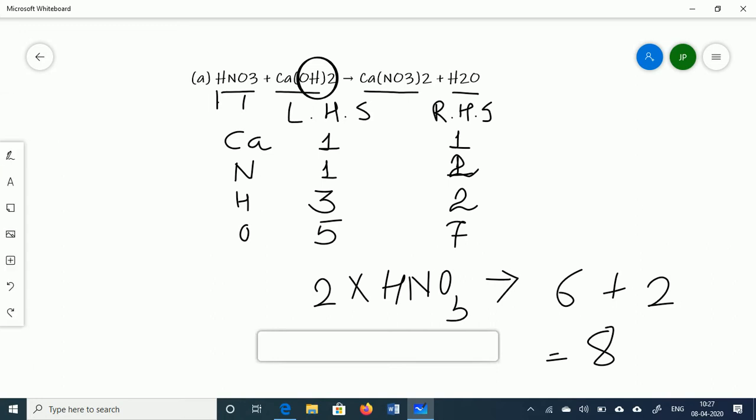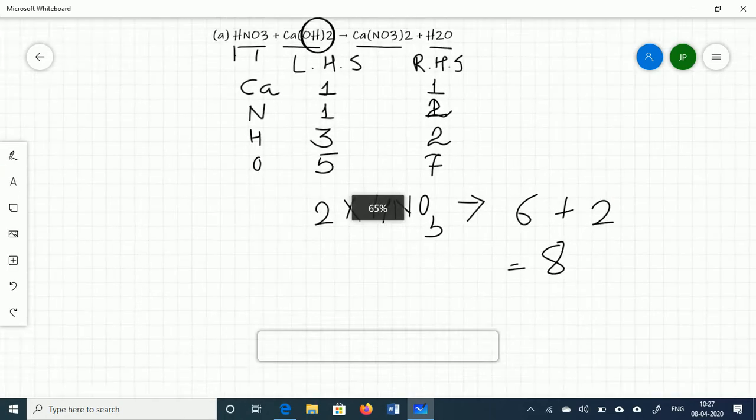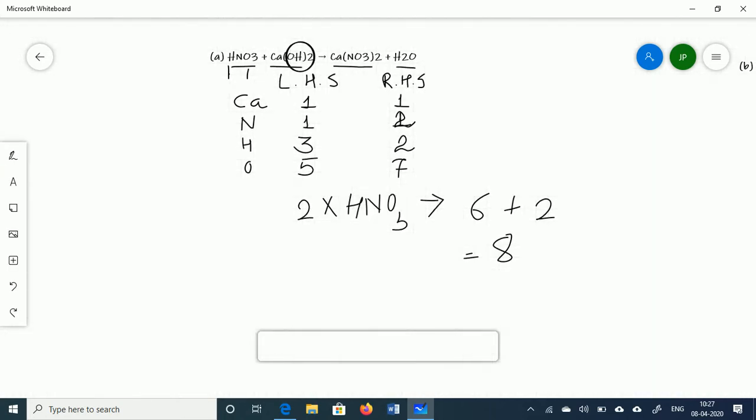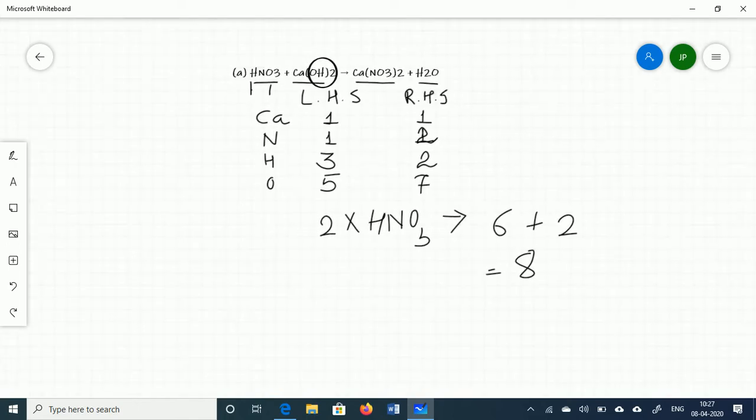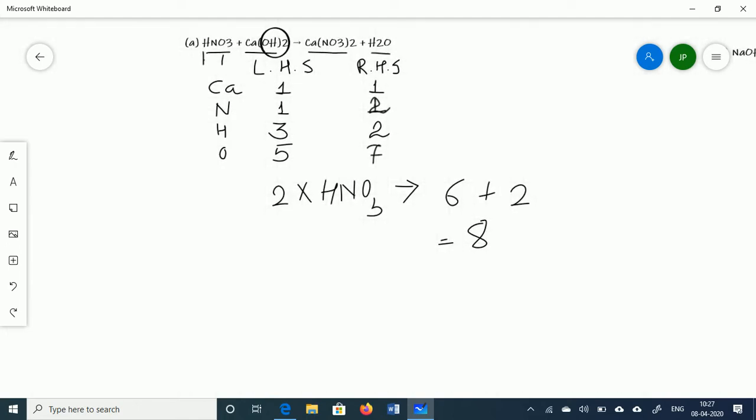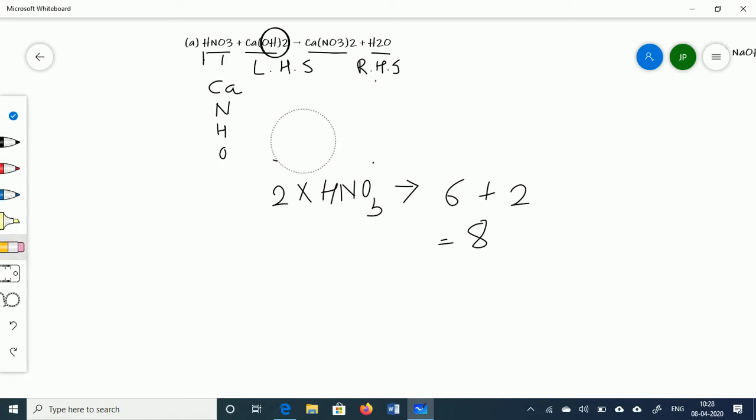Here the oxygen number is going to increase. Now again we make the numbers equal on both sides, LHS and RHS. We can directly modify the number here by erasing this number.